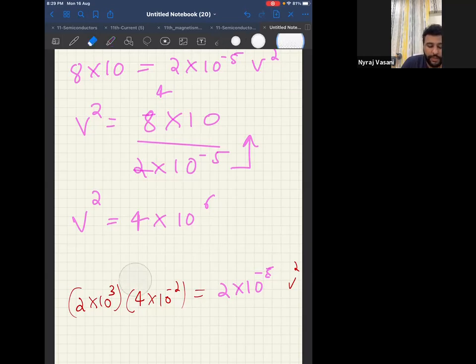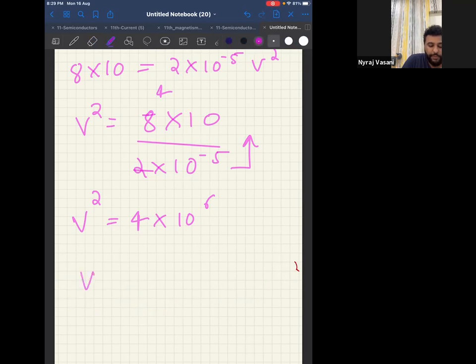Now, if V square is 4 into 10 power 6, can I say V will be 2 into 10 power 3. Now V is 2 into 10 power 3, which is 2000. Is it clear? V is 2000 volt, which is the answer. Is it clear? Therefore, 36th one answer will be B.